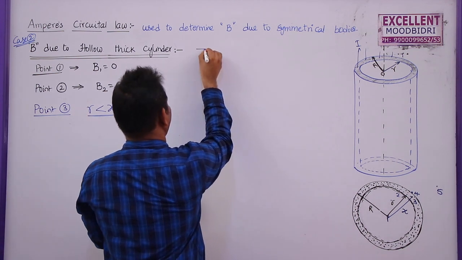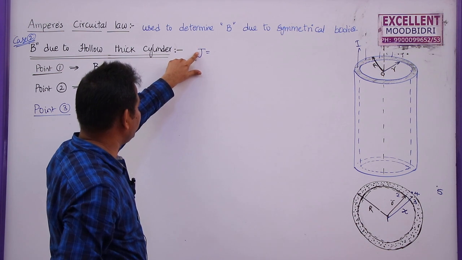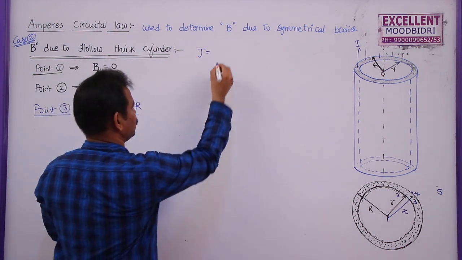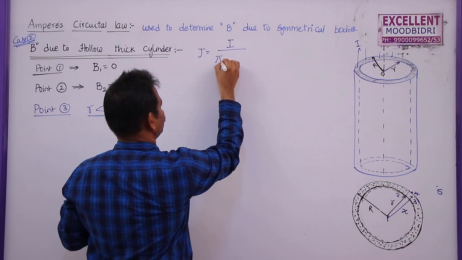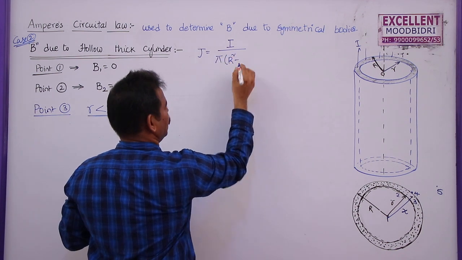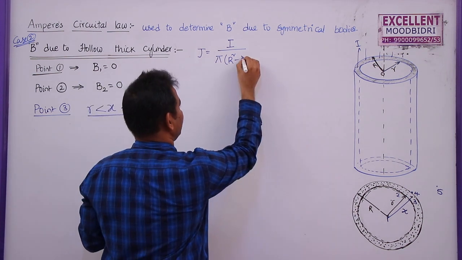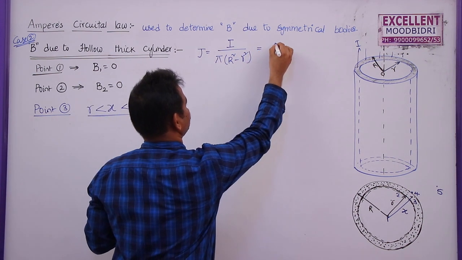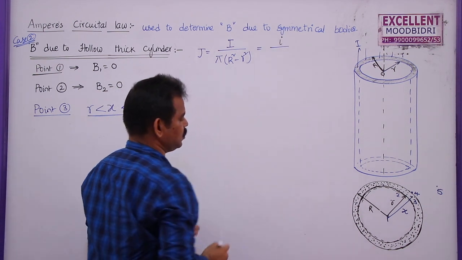As it is having uniform current density, when it is not mentioned, J is constant. So the total current I passes through the total area, that is the outer area pi R squared minus the inner area pi r squared. What is the current through this Amperian surface?